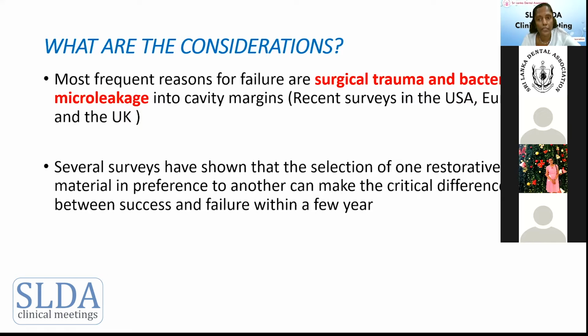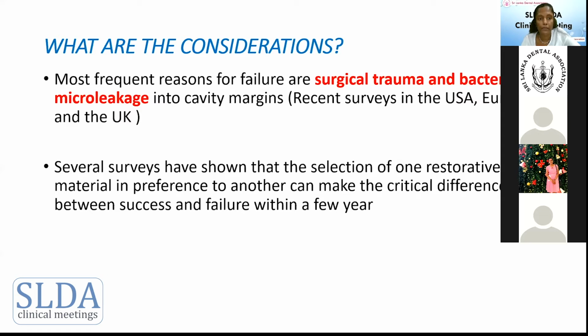So this surgical trauma, as well as the poor coronal restoration after you place the pulp therapy to seal the cavity margins, are the most recent causes of failure for vital pulp therapy procedures.